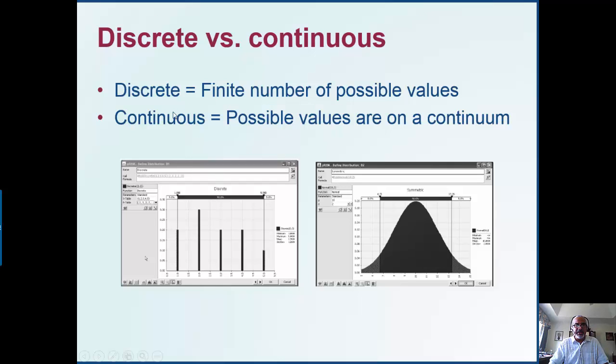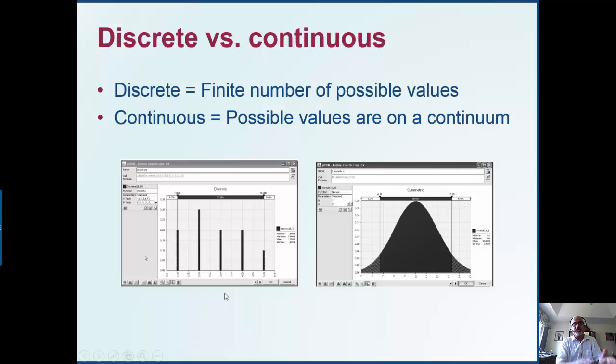So this is a discrete probability distribution, where we have some specific possible values, and for each specific value we have a probability. For example, if the demand is going to be either 100, 200, 300, 400 or 500, and that's it, and for each value we have a probability, and the probabilities sum to 1.